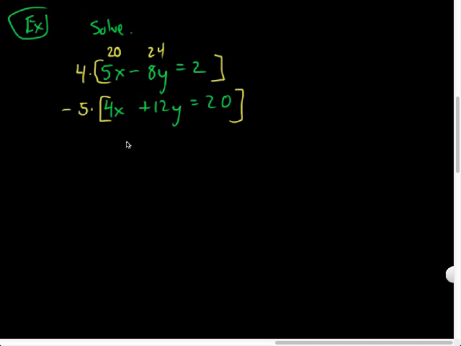So let's do that. 4 times 5x is 20x. 4 times negative 8y is negative 32y equals 4 times 2, which is 8. Negative 5 times 4x is negative 20x, minus 5 times 12 is 60y, and negative 5 times 20 is negative 100.